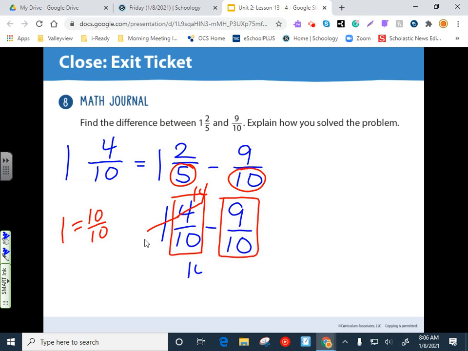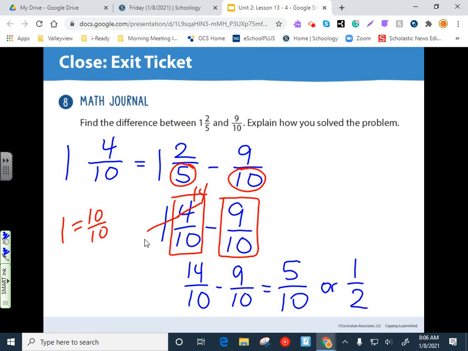So I've got 14/10 minus 9/10, and that will equal 5/10. That answer is totally fine because I never asked for the reduced fraction, but you probably recognize 5 over 10 as also being 1/2. So both answers would be acceptable.